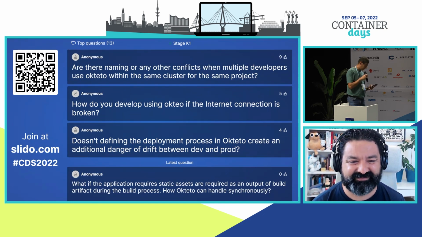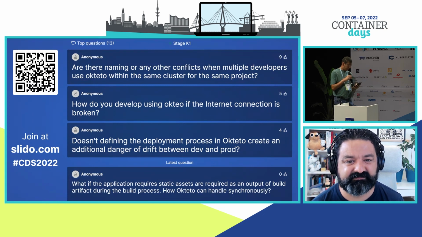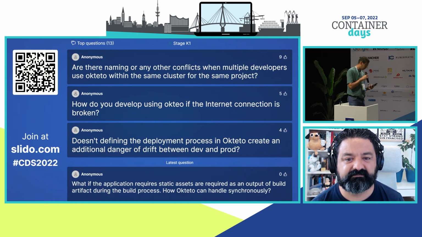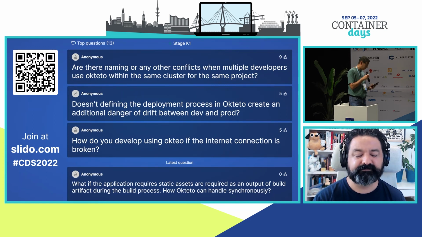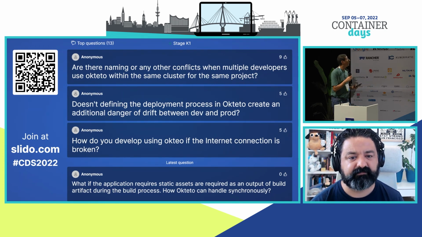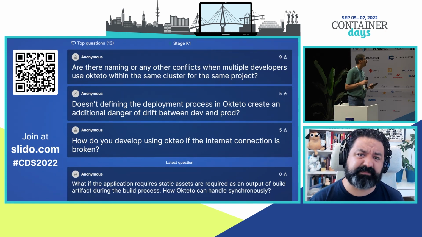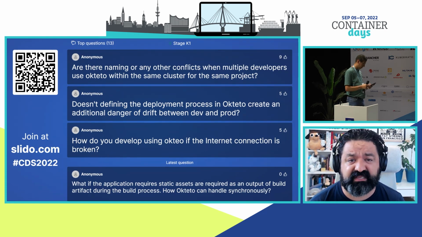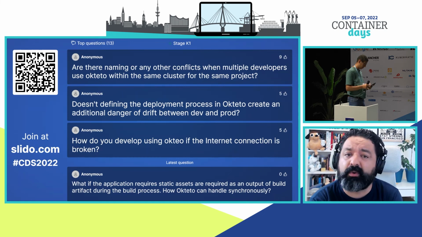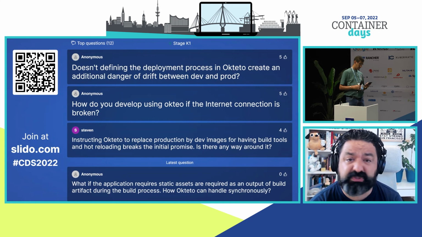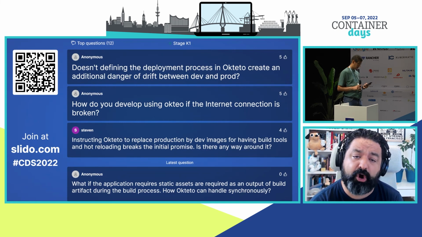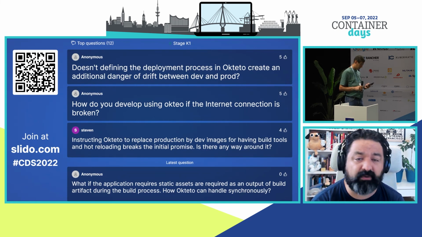Okay, another one asks, are there naming or any other conflicts where multiple developers use Octeto within the same cluster for the same project? As long as you follow certain best practices, and one of them is to give every developer their own namespace, you should be okay. We have teams of hundreds of people in the community using Octeto on the same cluster without any of these issues.